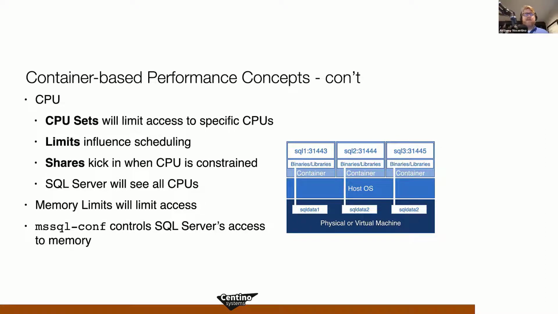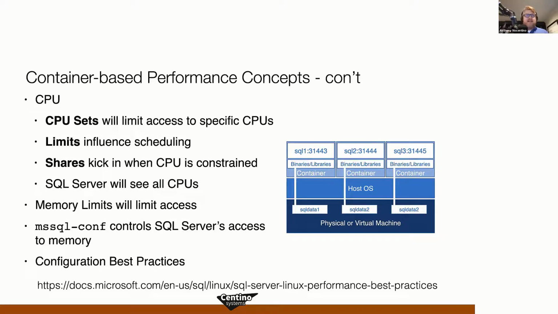underlying memory. When it comes to configuration best practices for SQL Server, especially SQL Server on Linux, check out this link here from Microsoft. When you're performance tuning SQL Server, especially to run on Linux, if you want to go beyond the basic limiting factors and really eke out that last mile of configuration, you're just going to be doing Linux performance tuning, because in the end, these containers are running as processes on the base OS.